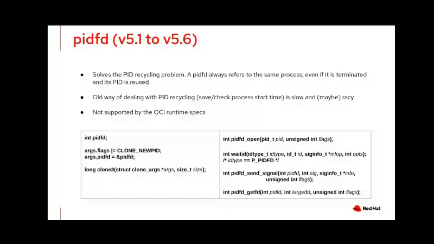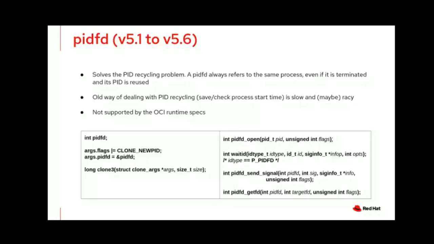And in addition to that, various kernels starting from 5.1 to 5.6 added a few other ways to work with pidfd. For example, pidfd_open lets you get the pidfd from the PID. And then waitid, if you set the ID type to P_PIDFD, it lets you wait for this process.